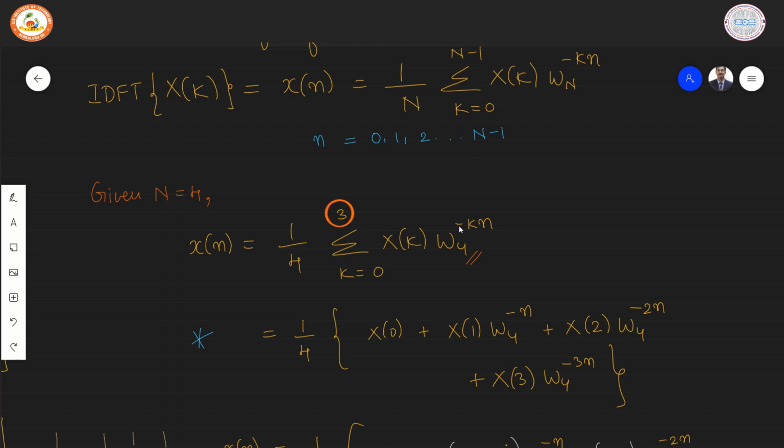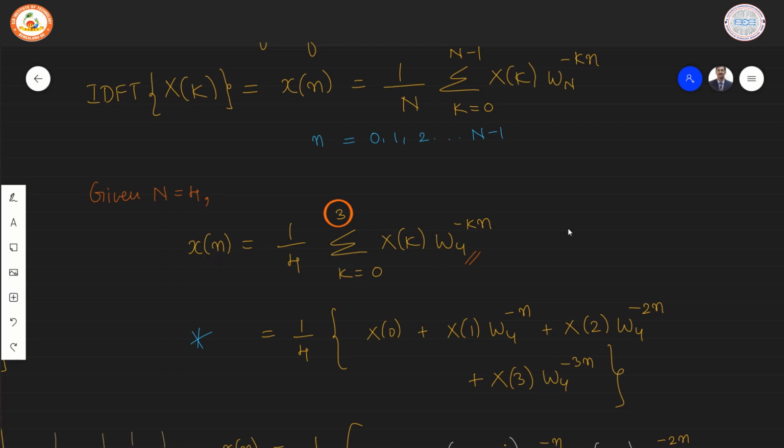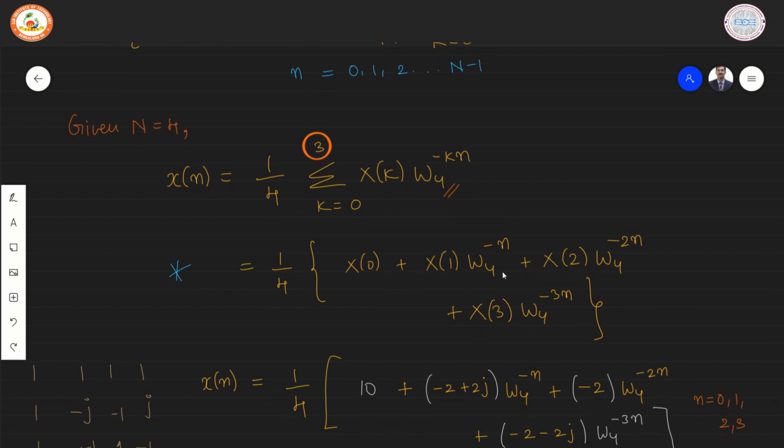Now, we know the difference in the DFT and IDFT equations is the twiddle factor power. There we had positive, here we get negative, and the expression here is actually in terms of n. Therefore, if we expand the summation, we will get a series having negative powers in terms of n, whereas there we got positive powers in terms of k. So this is the expansion of the above equation.